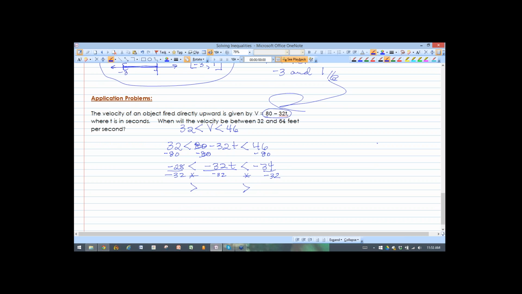And so we will have positive 28 over 32. Okay, so let's see, 28, most divisible by 4. I'm looking at the time, and I'm trying to get this done, so I'm sorry. So let's see, 4 into this is 7, 4 into that is 8.